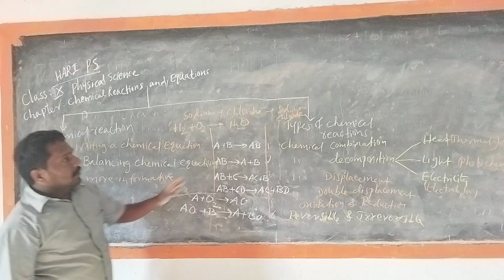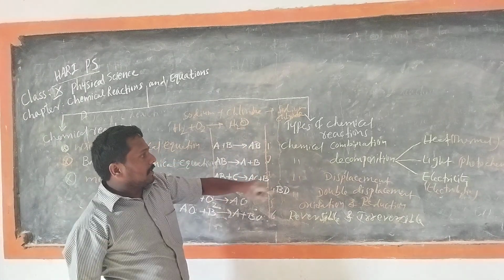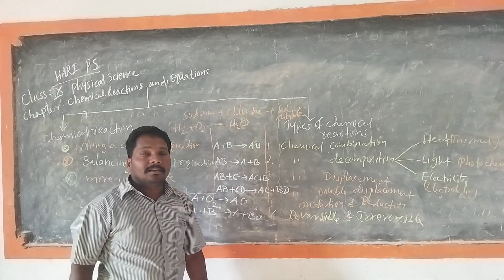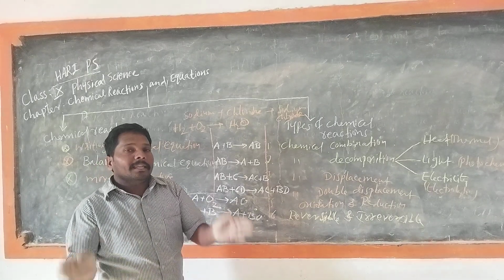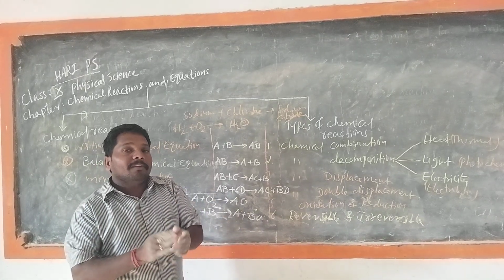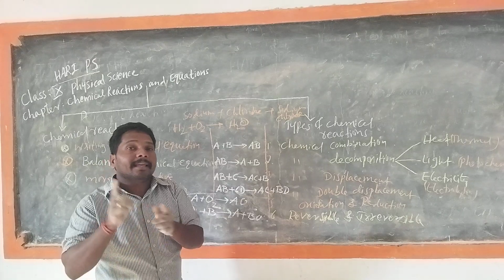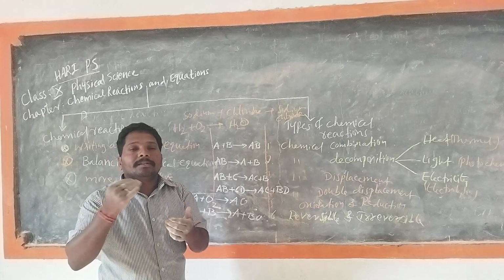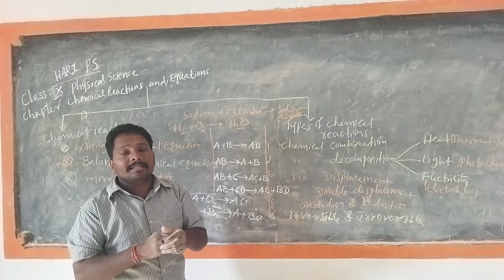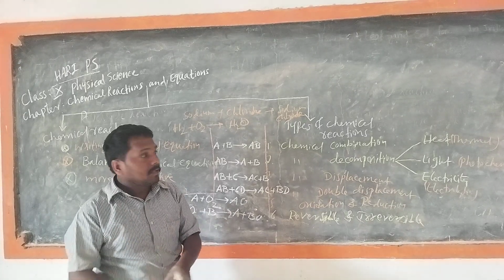Then one thing I forgot here in this type of chemical reaction: exothermic reactions and endothermic reactions. In any chemical reaction, if heat is liberated, it is exothermic. If a reaction takes place by taking in energy, it is called an endothermic reaction.